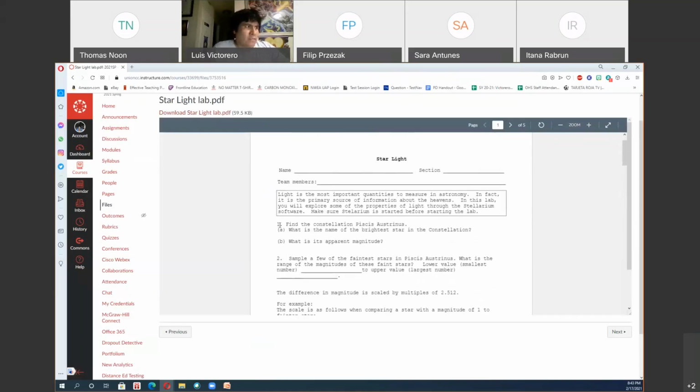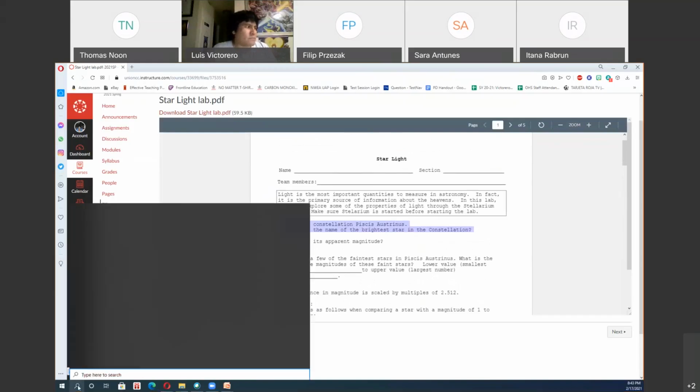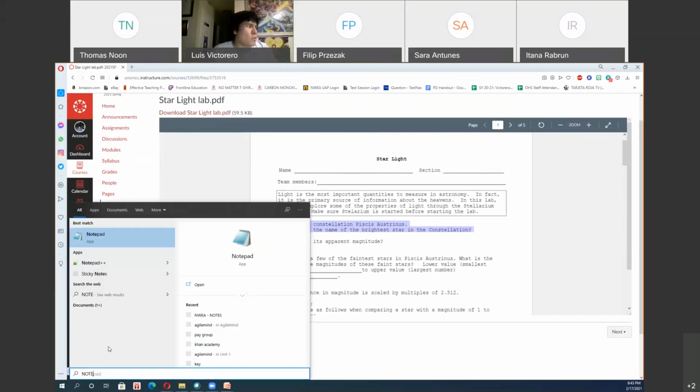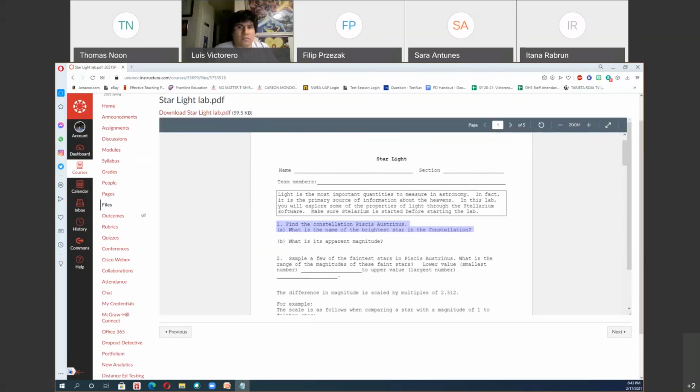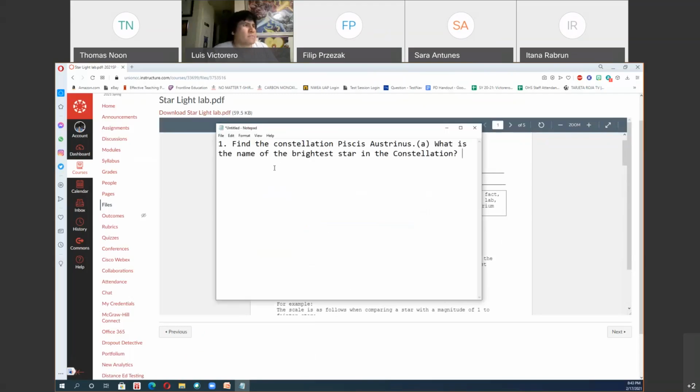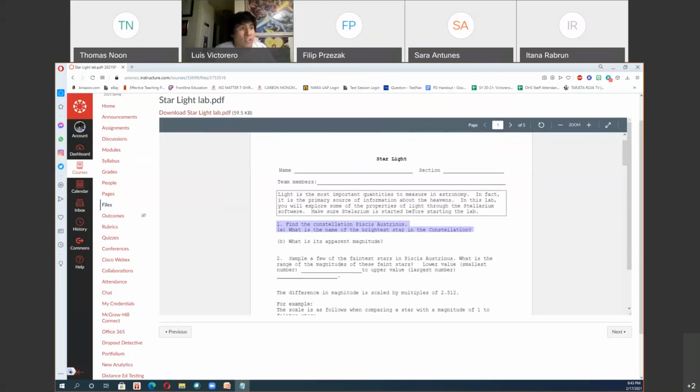You can highlight this question and paste it to a notepad. That will be easy, no? And you can answer the question like that. But you need to answer all the questions, okay?